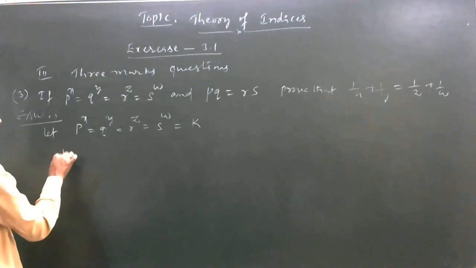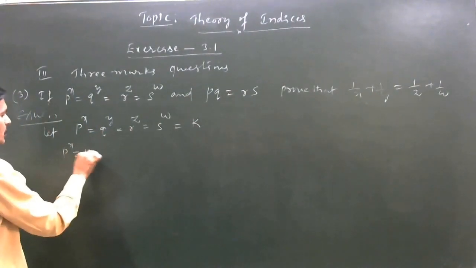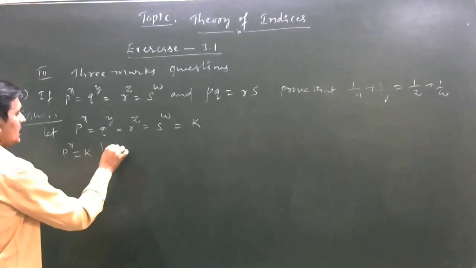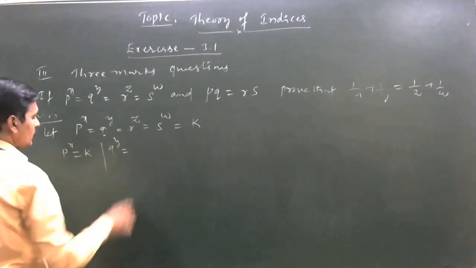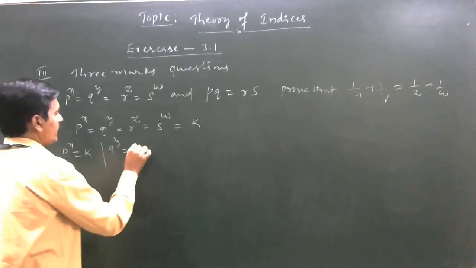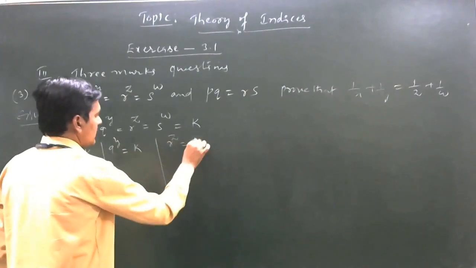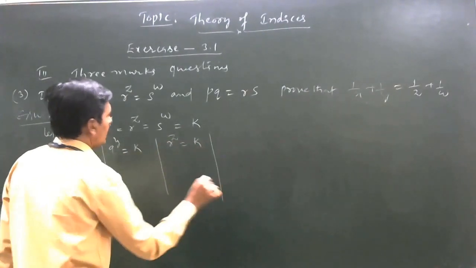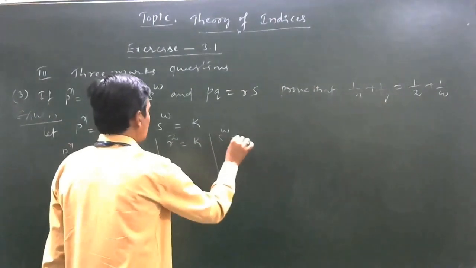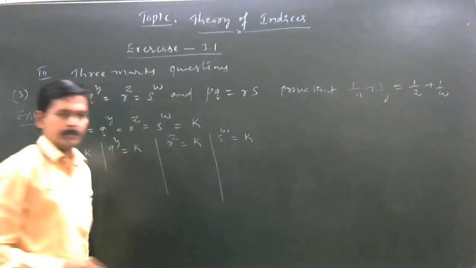By equating, p power x equals k, q power y equals k, r power z equals k, s power w equals k.